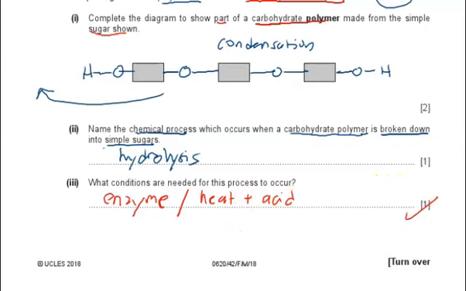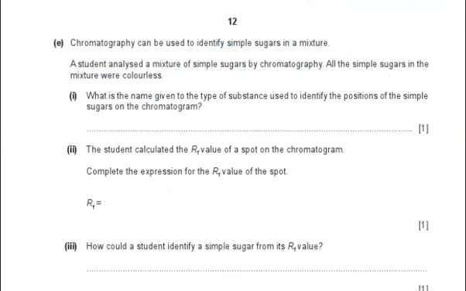Okay, so this is for 1 mark. Now we may move on with the next question. Chromatography can be used to identify simple sugars in a mixture. The student analyzed a mixture of simple sugars by chromatography. All the simple sugars in the mixture are colorless.